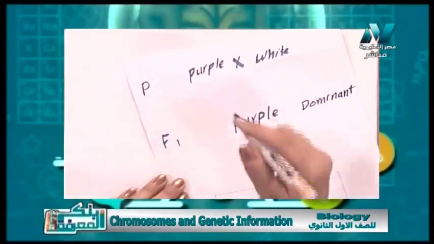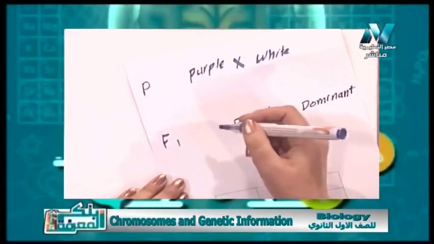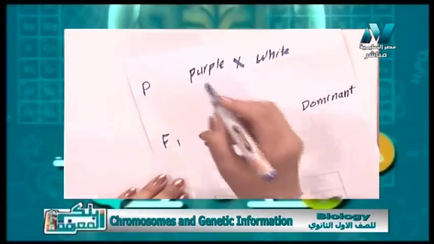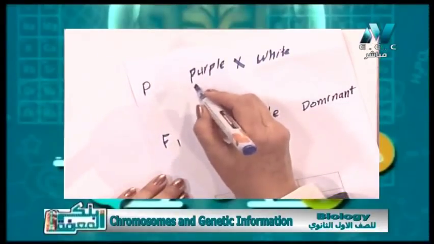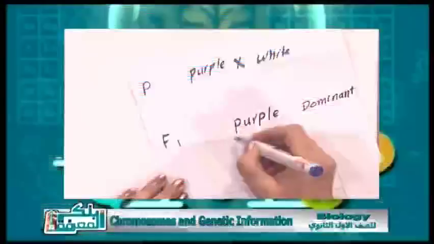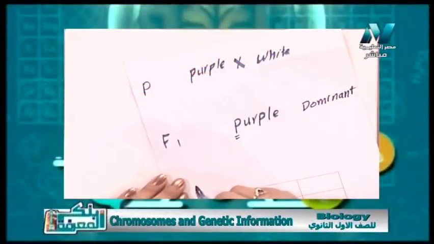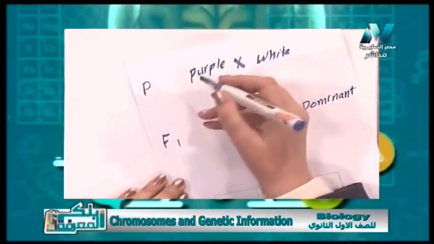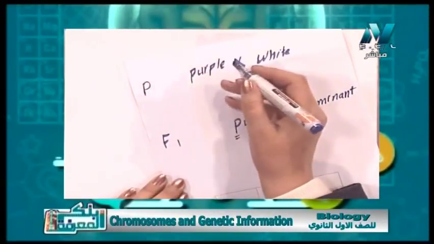And referring to the chromosomal theory, we have to put letters or symbols for each character. For each character, two genes or one pair of genes, so we have to use letters. What are these letters? We use the first letter in the dominant character to express the character.